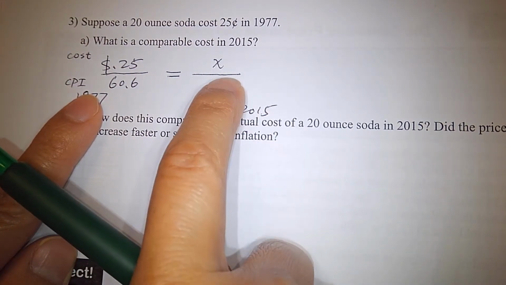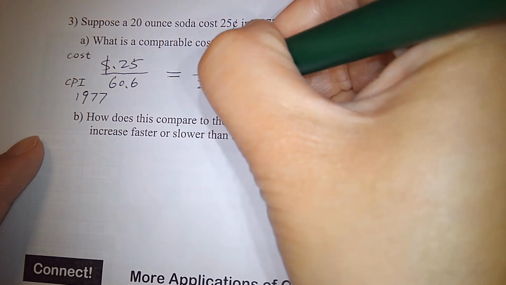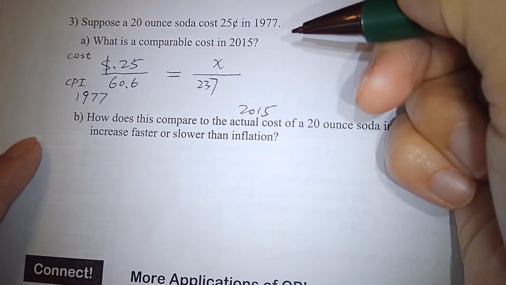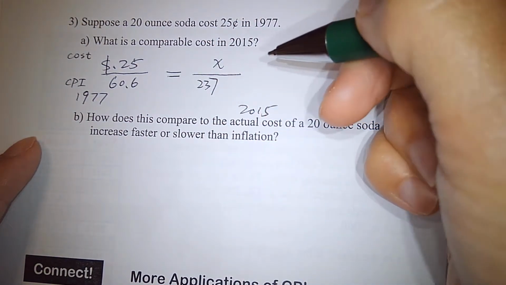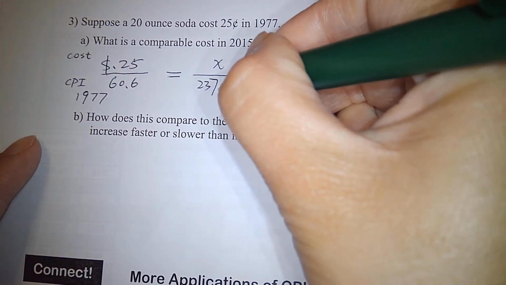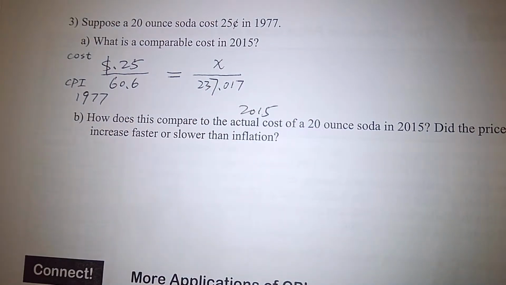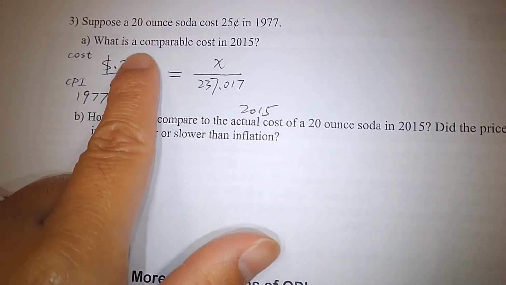In 2015, what is the CPI? 237.017. Right, guys? Okay, now this is a proportion.